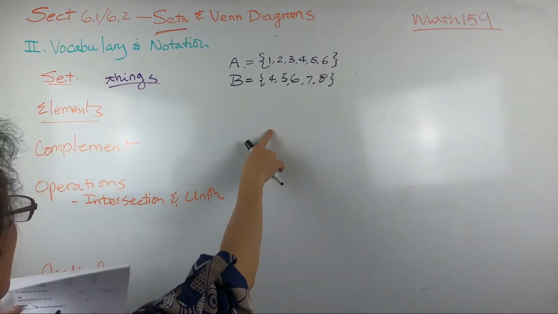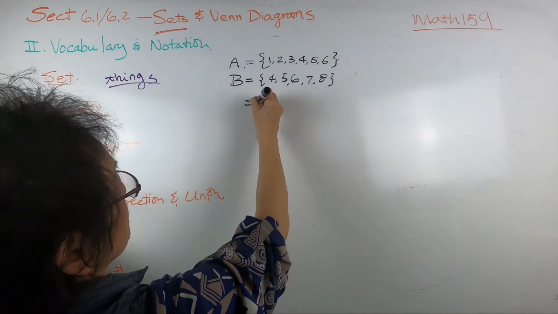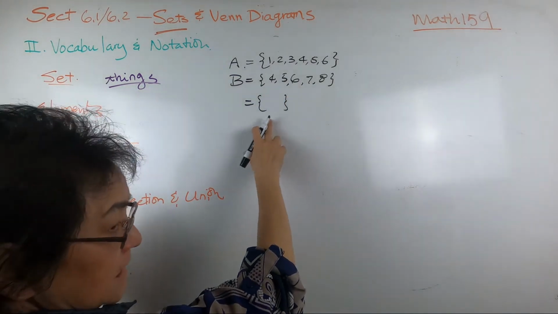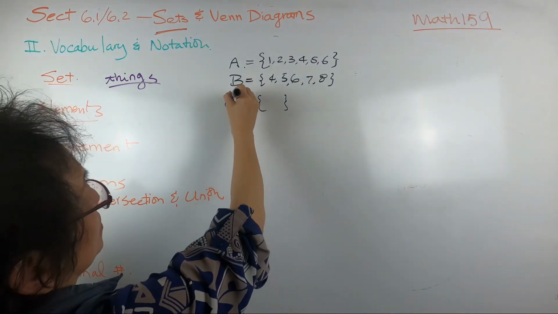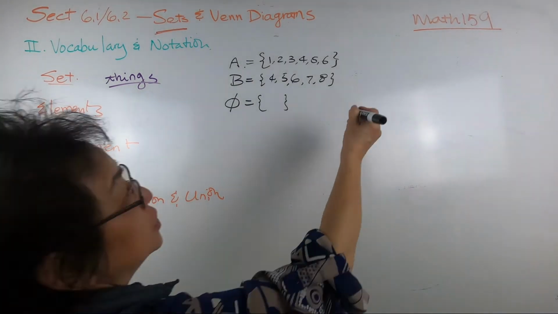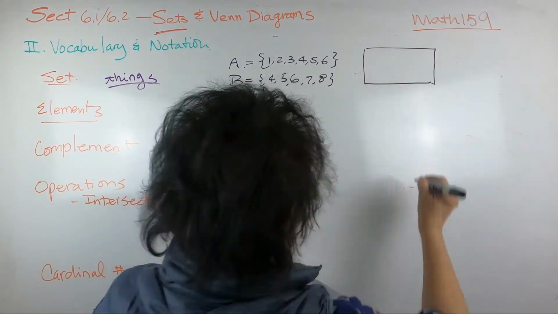If I have nothing in there, I have a basket with nothing in it, then we call this the empty set. Then we use this symbol with a slash. That's called the empty set. Then when we visualize, we use the diagrams to show it. This is my whole thing.